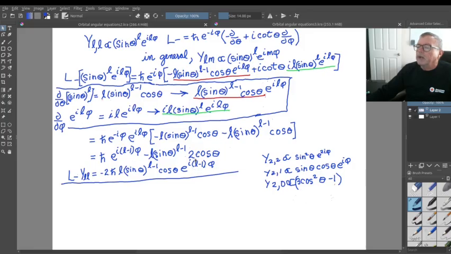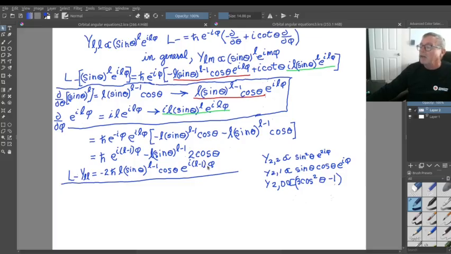Moving the factors around, bring the 2 out here in front of the h bar, and there's also a minus sign there. So there we've got the common factor L sine theta to the L minus 1, cosine theta, and e to the i(L minus 1) phi. Now notice one thing. The power went down here, so that would be m equals L minus 1, and then it would become im, which is, again, reduced by 1, like we'd expect.